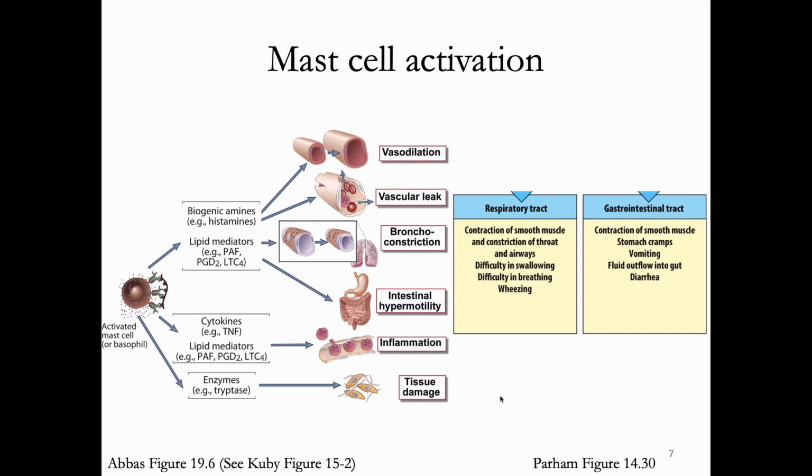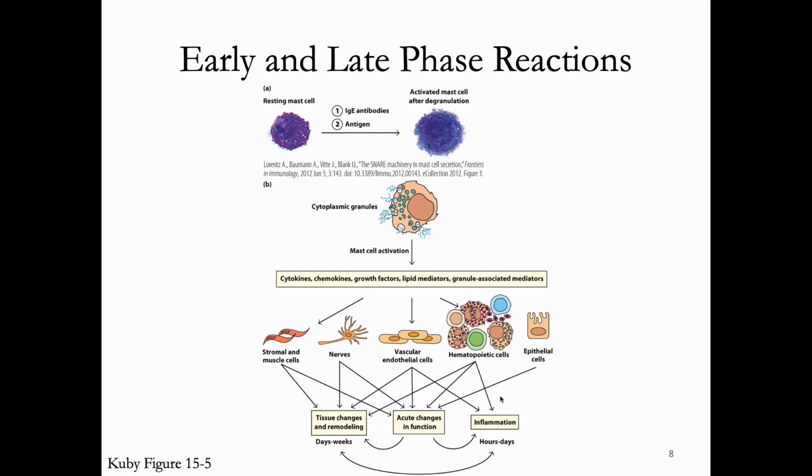Typically, all of these functions that we're seeing can be divided up in terms of how long they take to happen. Some of these responses are known as the early phase responses, while others are known as the late phase responses.